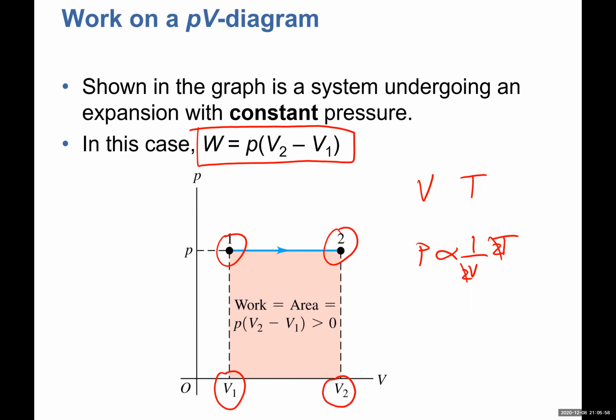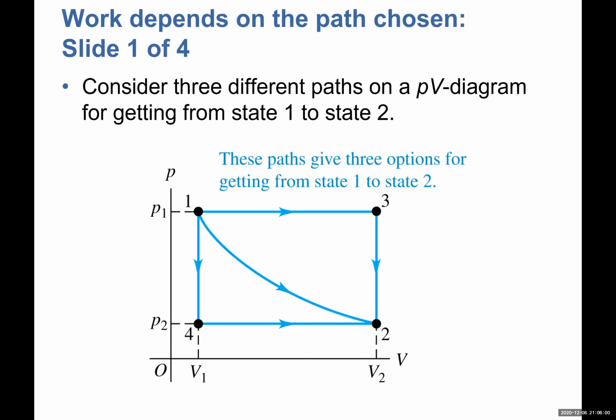All right. So now, what we can do here is look at work done by changing some of the states of our system. So for example, we have state 1, and then there's 2 and there's 3 and there's 4. And one of the things we can see is that work done depends on the path chosen.